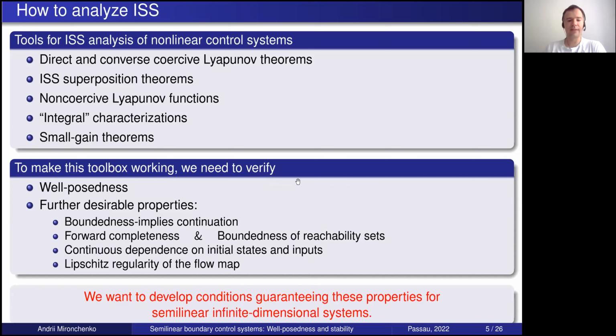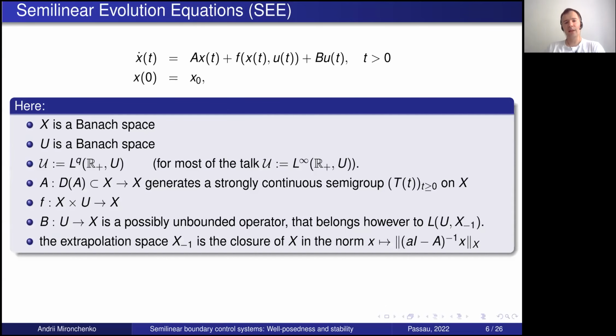quite a general class of semilinear infinite-dimensional systems. Namely, what we are going to consider is such a class of abstract control systems. Here, A generates a strongly continuous semigroup T(t) on a Banach space X, which is our state space.